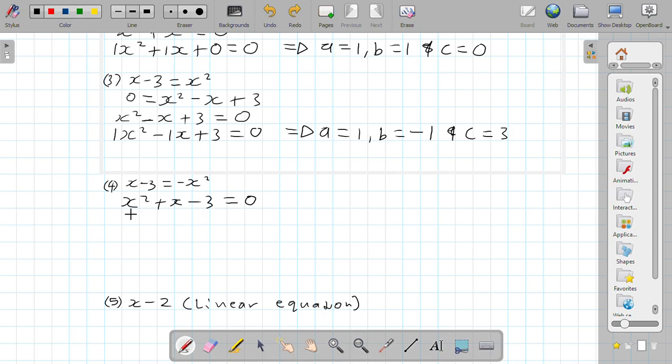So almost similar things we did to other examples. We're going to be having 1x squared plus 1x minus 3 is equals to 0, but in this case it should be slightly intuitive that the value of a is equals to positive 1, b is equals to 1, and lastly c is equals to negative 3.